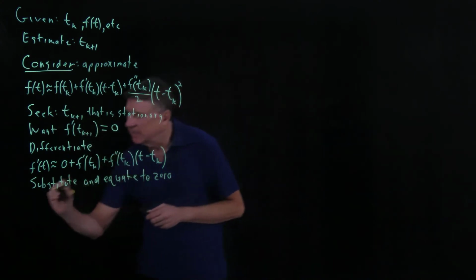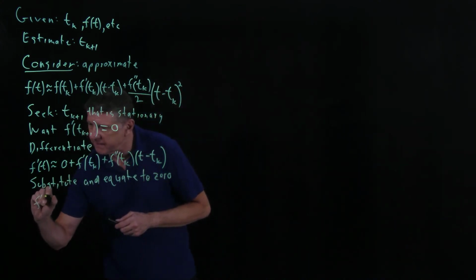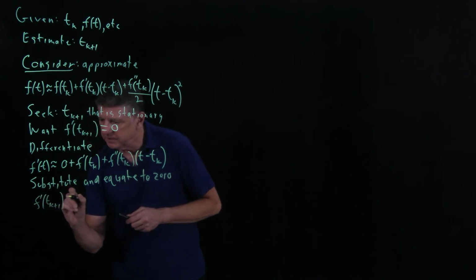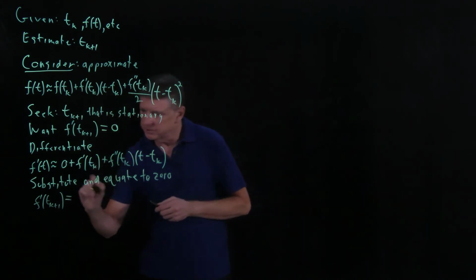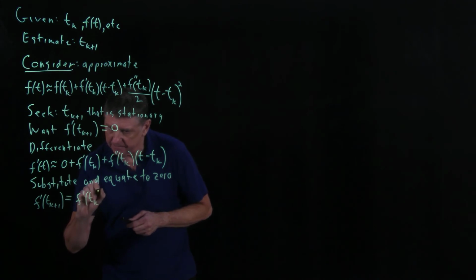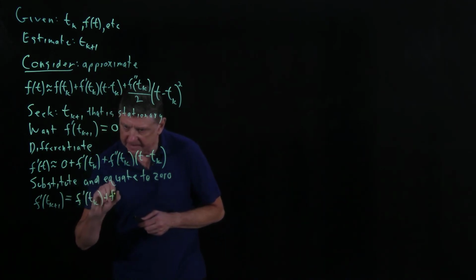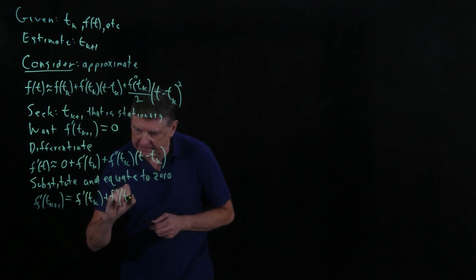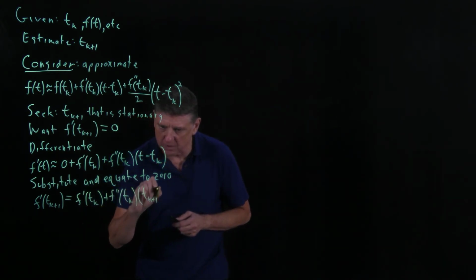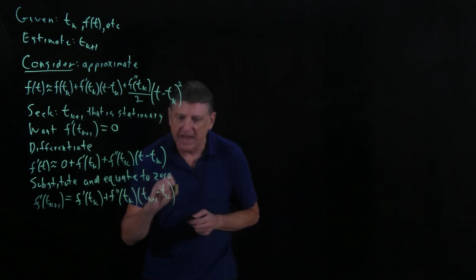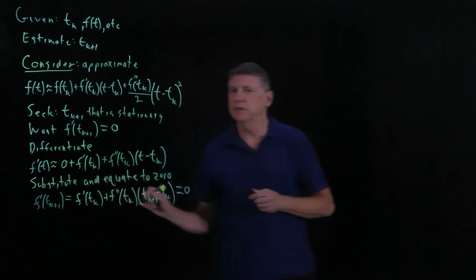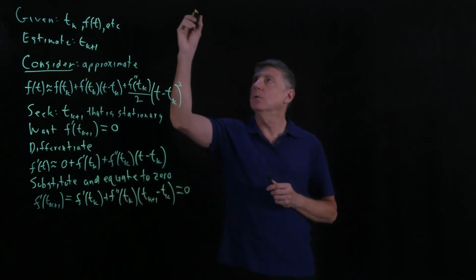So that is saying that we want f prime at tk plus 1, which is f prime at tk plus f double prime at tk times tk plus 1 minus tk, and we want to set that equal to 0.